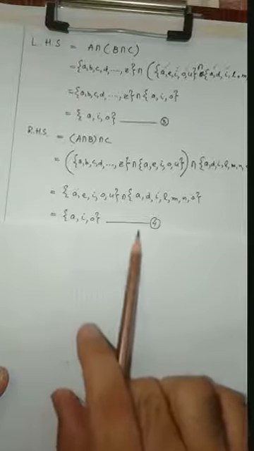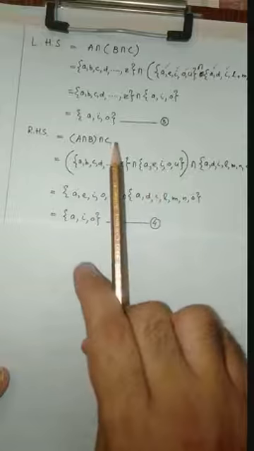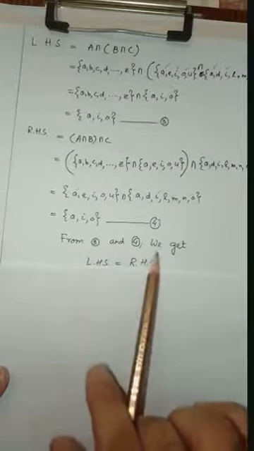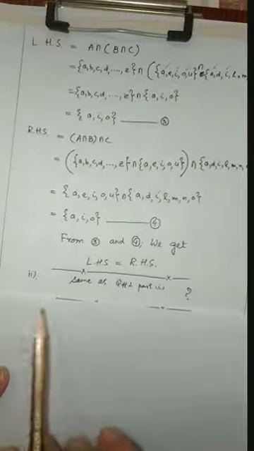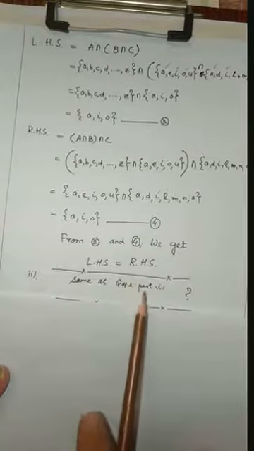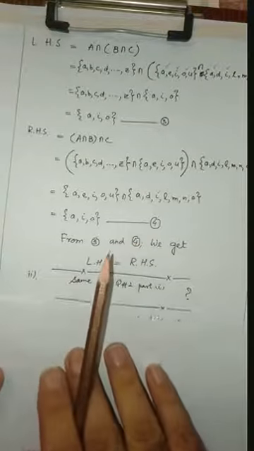So this is called equation number 4. As the answer in equation 3 and equation 4 are same, so from equation 3 and 4 we get left hand side is equal to right hand side. The part number second is same as this question number 2, part number first. So the student will solve it itself.